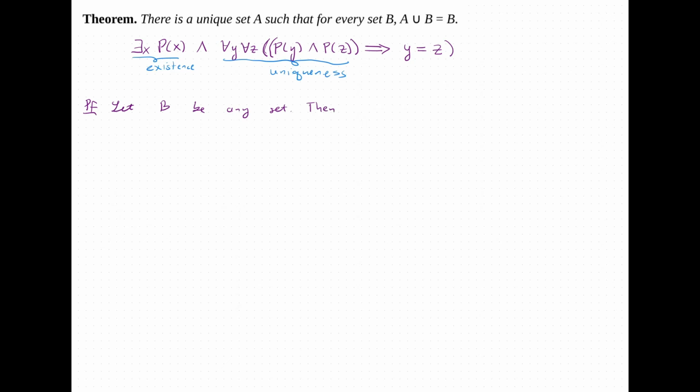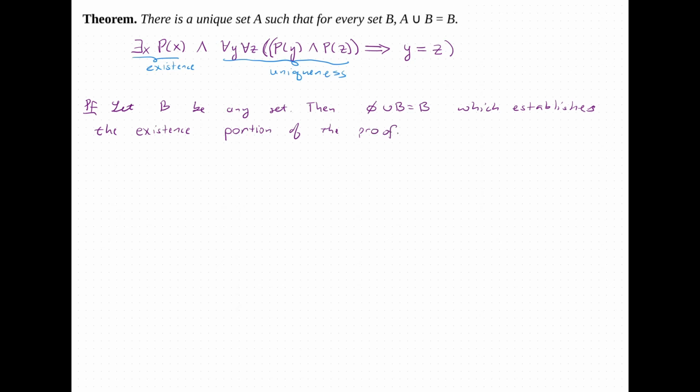Then, if we take the empty set union B, we get back B, which establishes the existence portion of the proof.